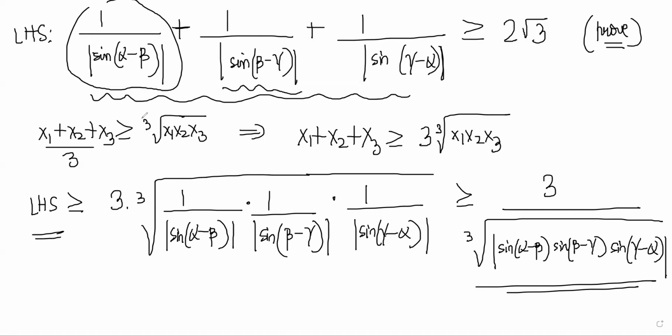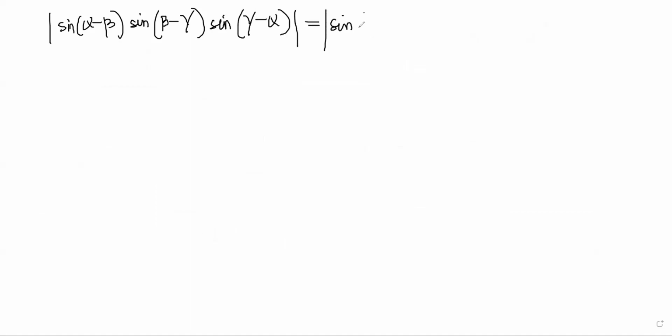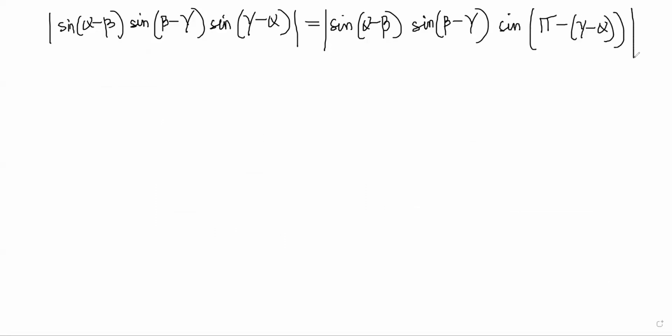Now let's think about the stuff inside the modulus. Sine of alpha minus beta, sine of beta minus gamma, and sine of gamma minus alpha. We can rewrite it as sine of alpha minus beta, sine of beta minus gamma, and the third one we can write as sine of pi minus gamma minus alpha.